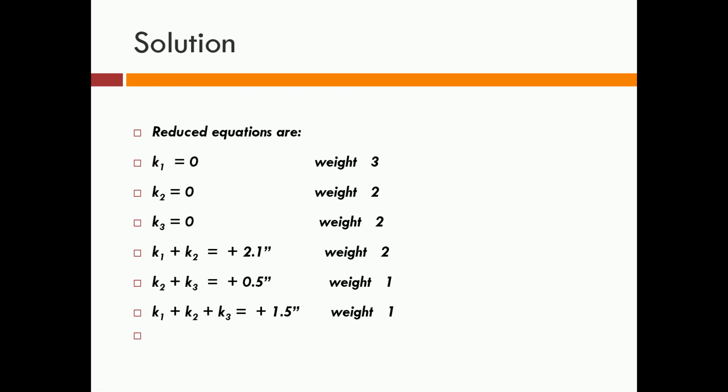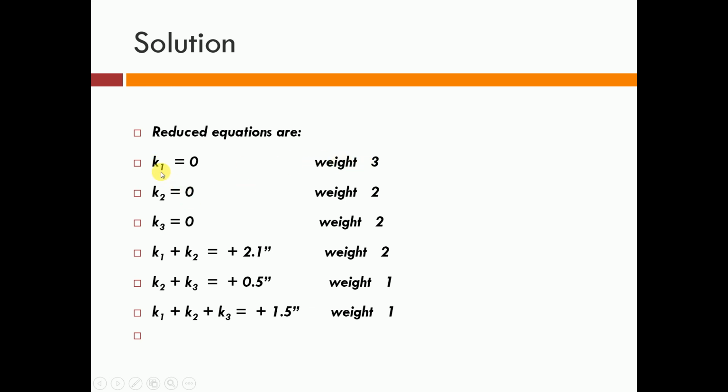So, here we have to form the normal equation using rule 2 of forming normal equation. What does rule 2 say? If you want to form the normal equation for K1, then according to rule 2, you have to multiply the equation in which the K1 term is there with the product of the coefficient of K1 and the weight of that equation.